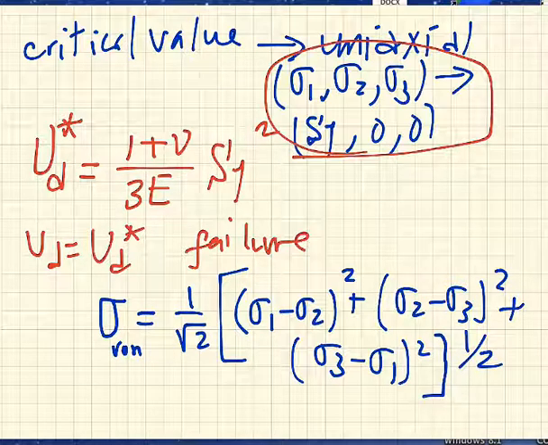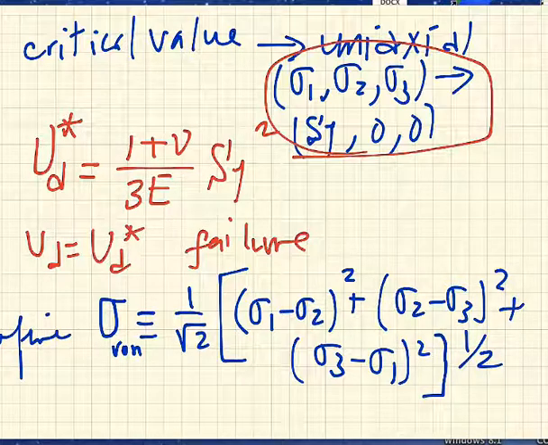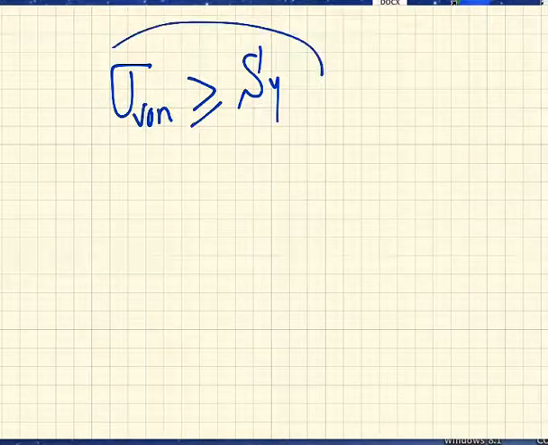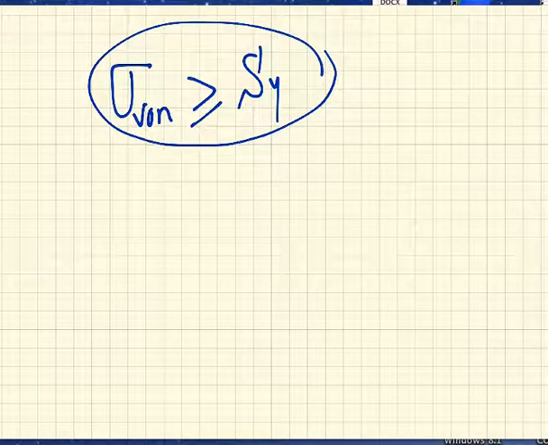So if you define, and I'm going to put 3 lines here because it's a definition, von Mises stress in this fashion, then the yield condition based on the distortion energy criterion or theory is sigma von greater than or equal to S yield. This is our yield surface.